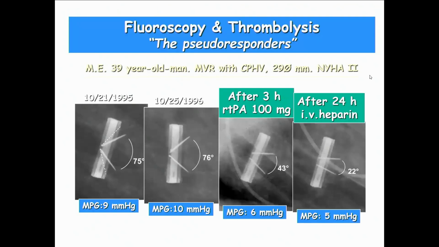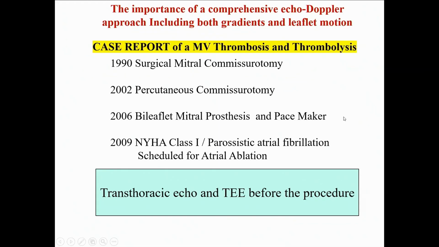This is a case that refused the thrombolysis for 1 year, then later on he performed a thrombolysis, mean gradient 10, then 6. However, you may observe that the two discs are not normal, even if the gradient is normalized. And later on with heparin, we have the normality.